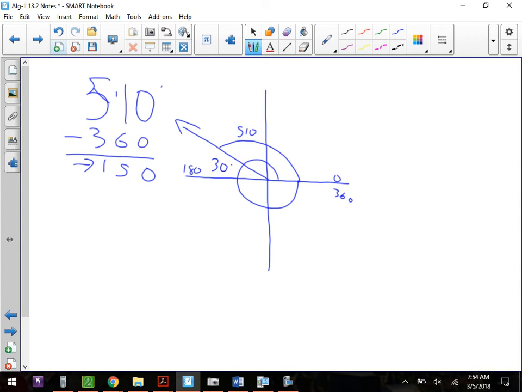Anyway, so this idea here, this 510 and 150, these two angles are what you call coterminal. These are coterminal angles.